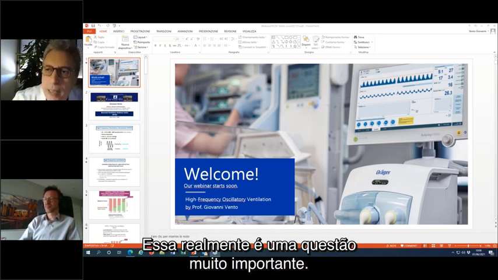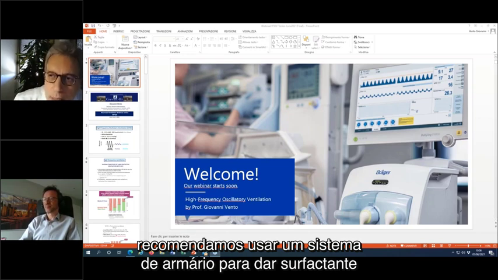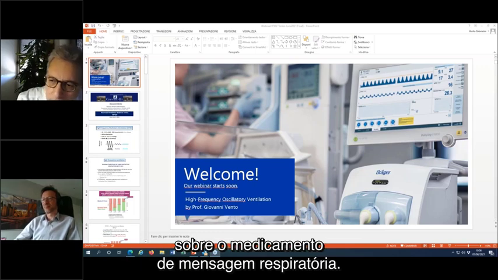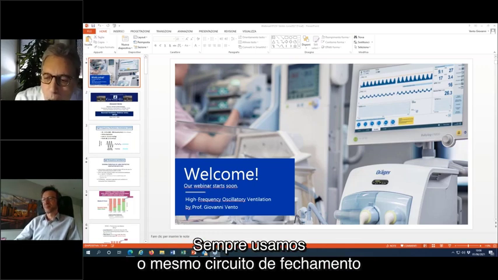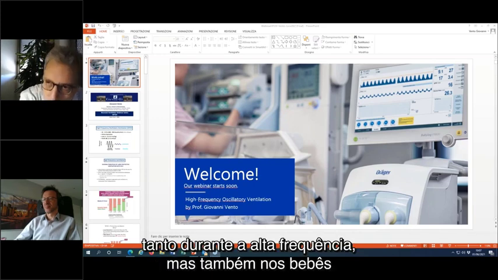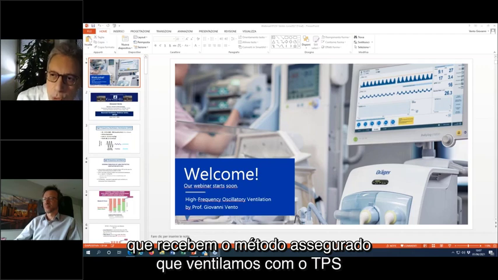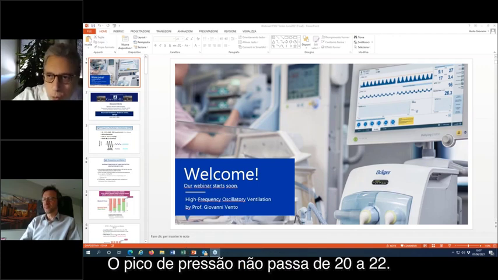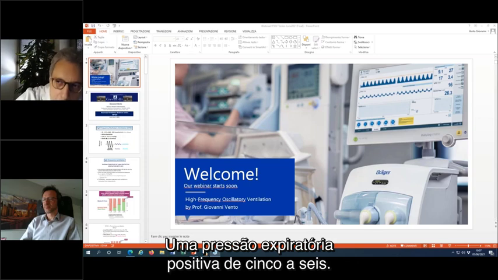Yes, a very important question, but in effect, we recommend using a closed system to give surfactant. And also in our study, published in the Lancet Respiratory Medicine, we always used the same closed circuit to give surfactant to avoid the loss of volume, both during high frequency, but also in the babies receiving HFO that we ventilated with the TPs to give the most protective ventilation, the peak pressure no more than 20, 22, a PEEP, positive expiratory pressure, of 5 to 6.